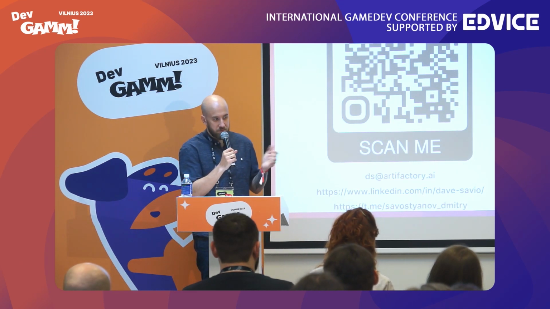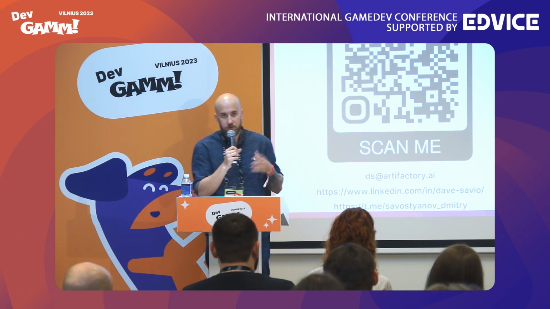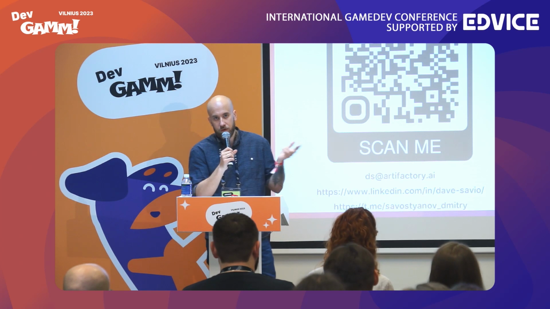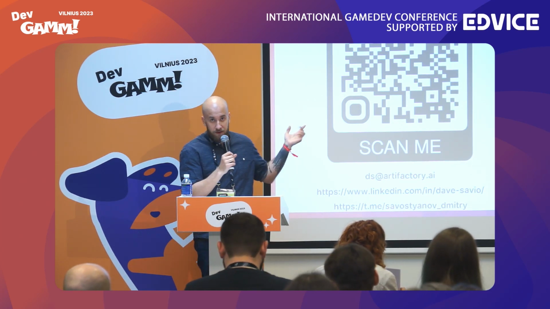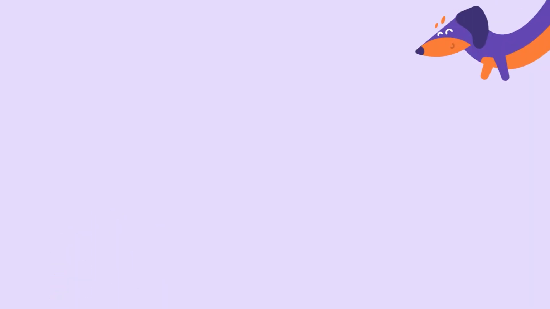Stable Diffusion is a pretty optimized neural net, so you can run it on different hardware. And moreover, an interesting fact about Artifactory is that we help artists run these neural nets in the cloud. So we can just provide you infrastructure, and you play with these neural nets from the cloud. You don't need a GPU at all.